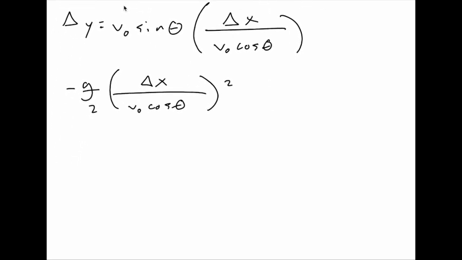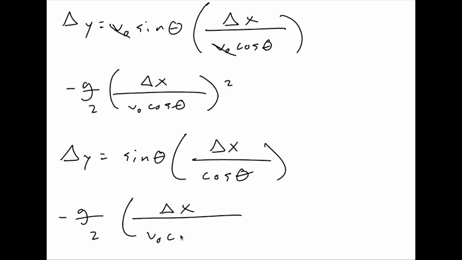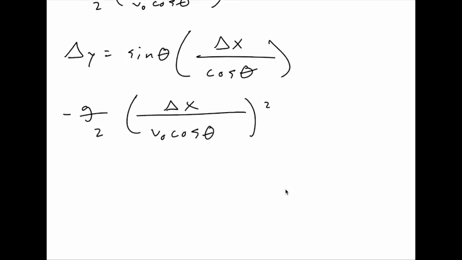Now, from here, you can simplify things a little, right? And then you have delta y equals sine theta times delta x over cosine theta minus g over 2 delta x over V naught cosine theta squared, right?